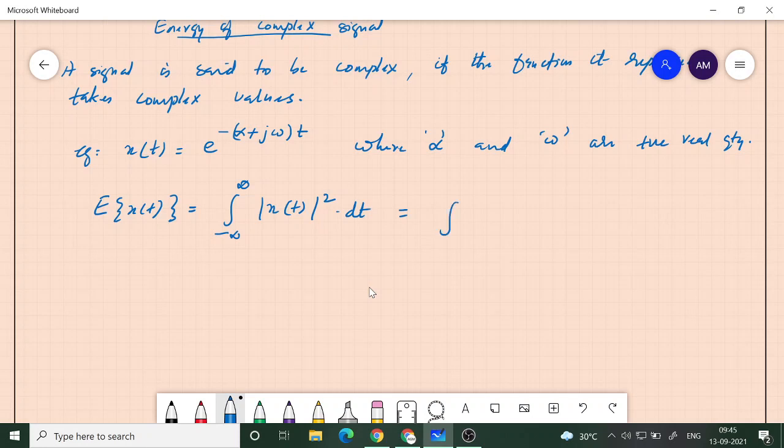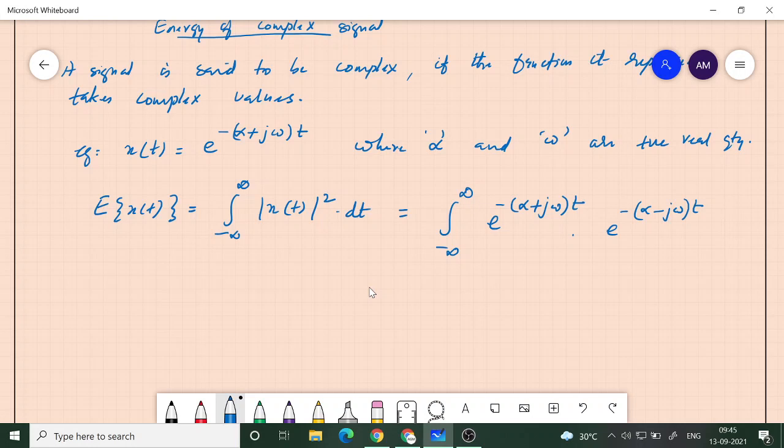So this can be written as integral from minus infinity to plus infinity of e raised to minus alpha plus j omega t multiplying with e raised to minus alpha minus j omega t.